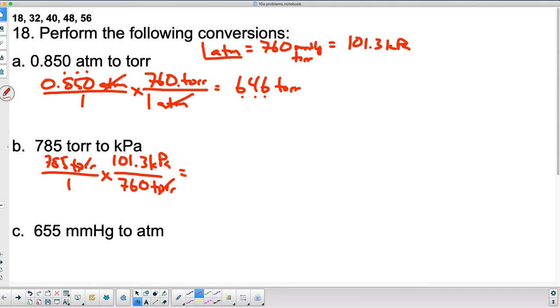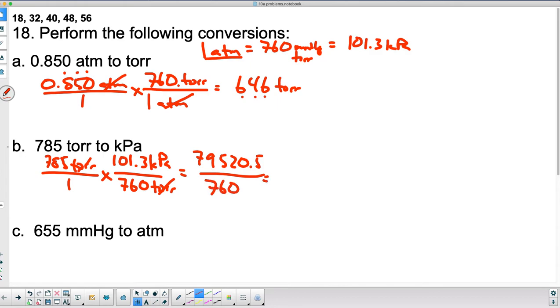I'm multiplying these two, so that's 785 times 101.3. I multiply these two here. I get, this is a big number, 79,520.5, and I divide that then by 760 torr.